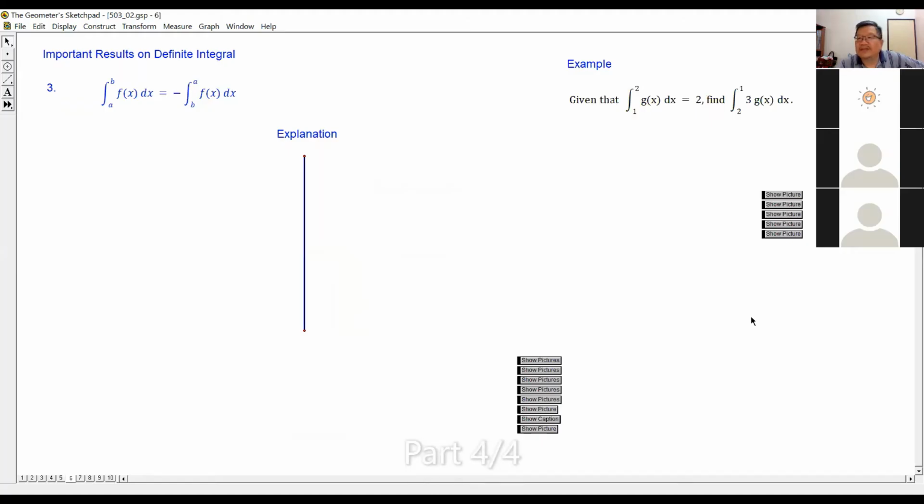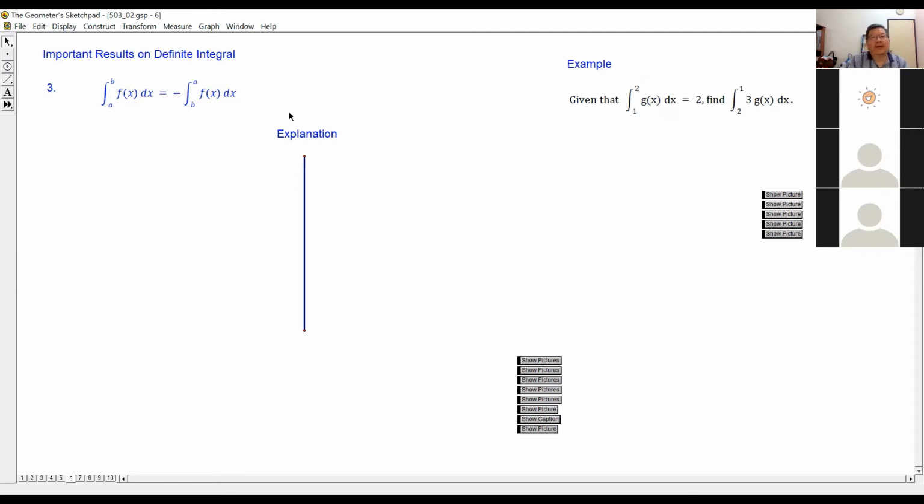Important result. Now this important result says if you integrate from a to b f(x) dx, there will be an answer. And if you integrate the same function from b to a, that means the upper and lower limit are reversed.